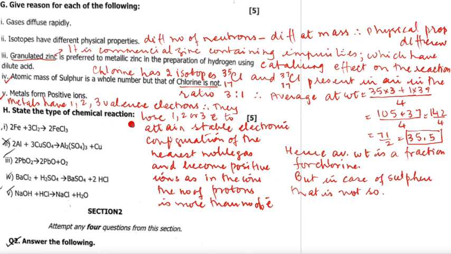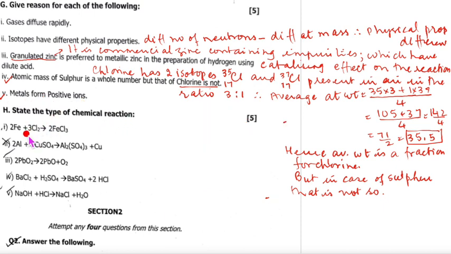Okay, state the type of reaction. Now here the first one is like A plus B gives AB, so this is direct combination or synthesis.